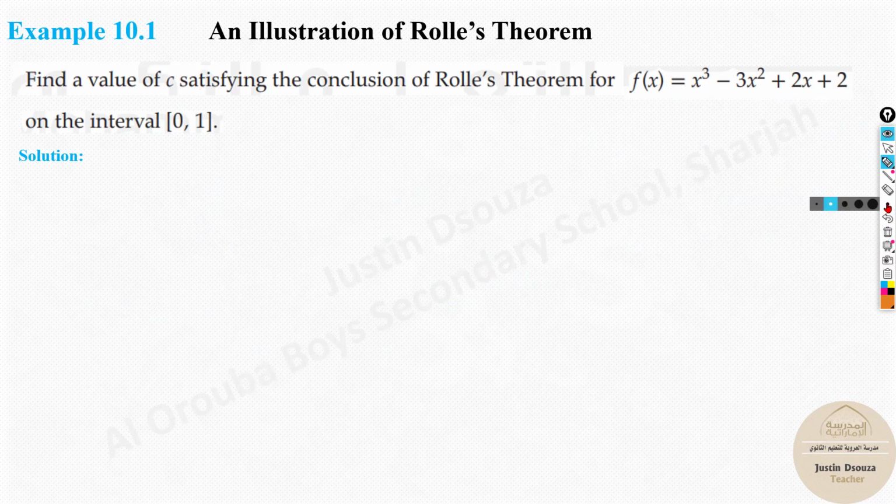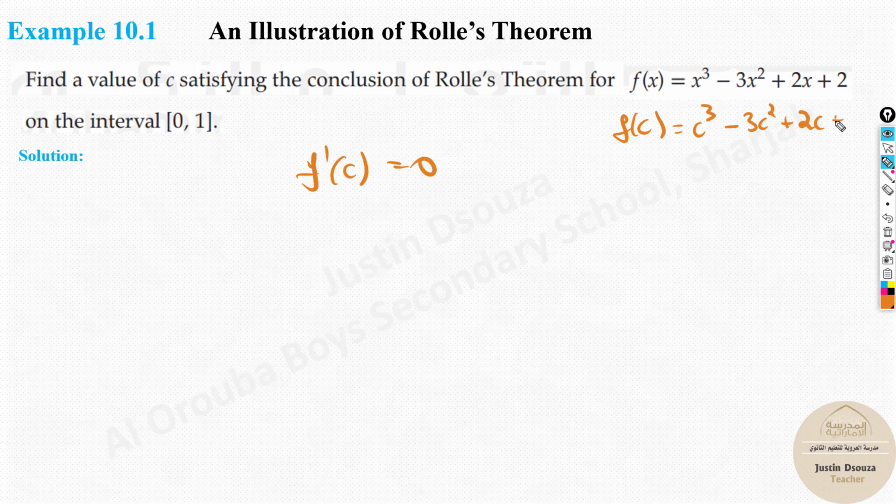What does Rolle's theorem say? It says that the derivative at a particular point must be equal to zero. We don't know what that point is, so instead of x we will take c. Even if you take x, it's fine. Just find the derivative. So f(c) is c cubed minus 3c squared plus 2c plus 2.